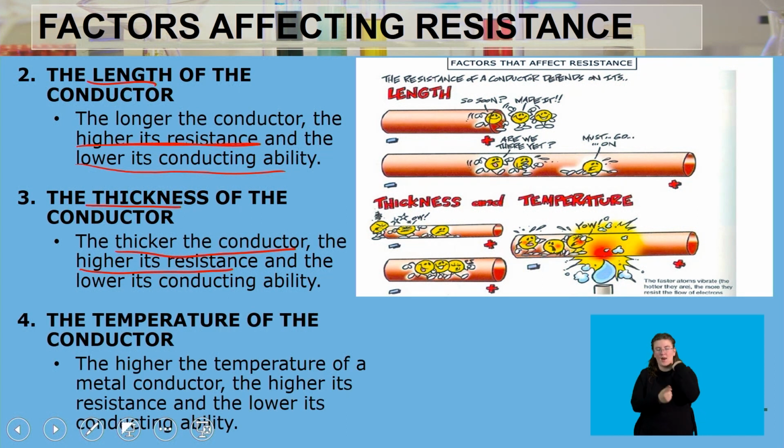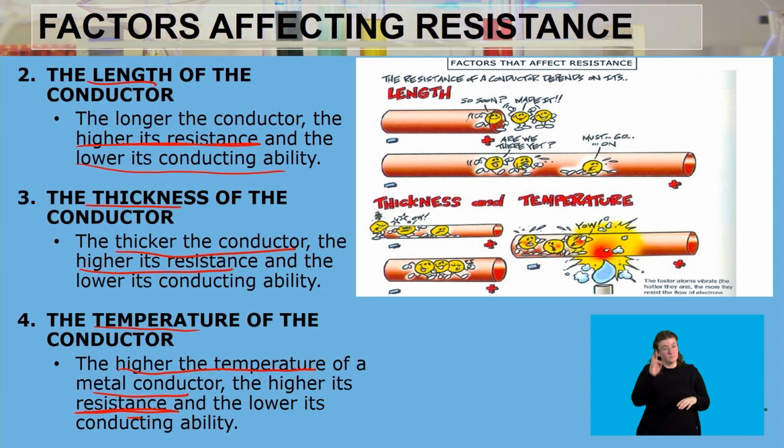Then the last factor which is affecting the resistance is the temperature of the conductor. What we are saying with that is that the higher the temperature of a metal conductor, the higher its resistance and the lower its conducting ability. So if you are using a metal that has a high temperature or that is very hot, it is going to have a high resistance.